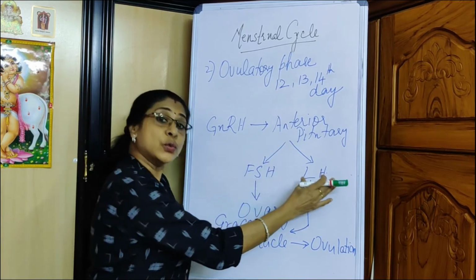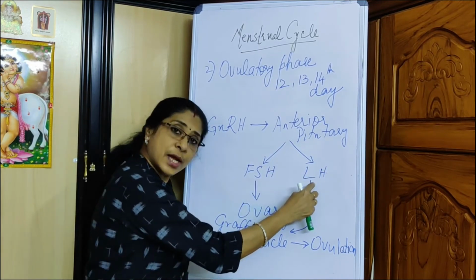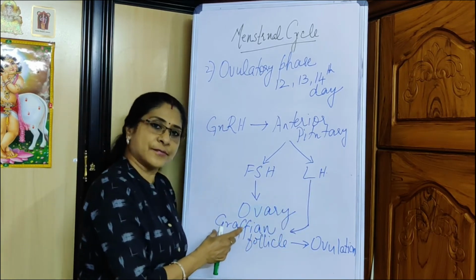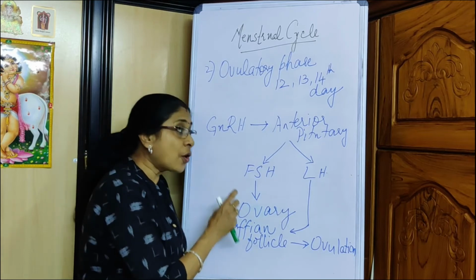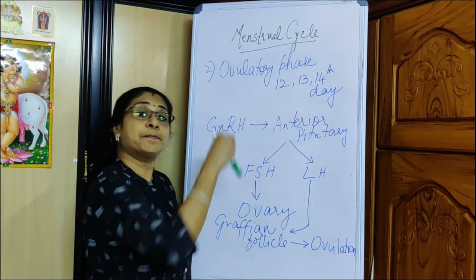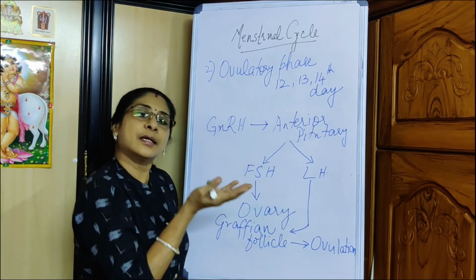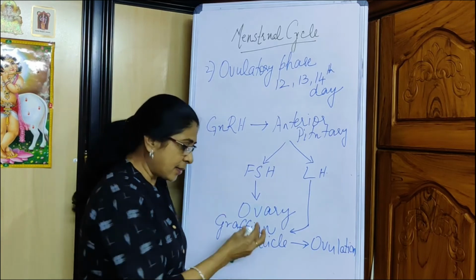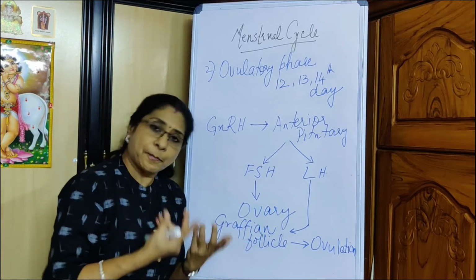What happens to the luteinizing hormone? The luteinizing hormone reaches the matured Graafian follicle, and during this particular phase, there is a sudden spurt or a sudden increase in the luteinizing hormone, causing the Graafian follicle to rupture.